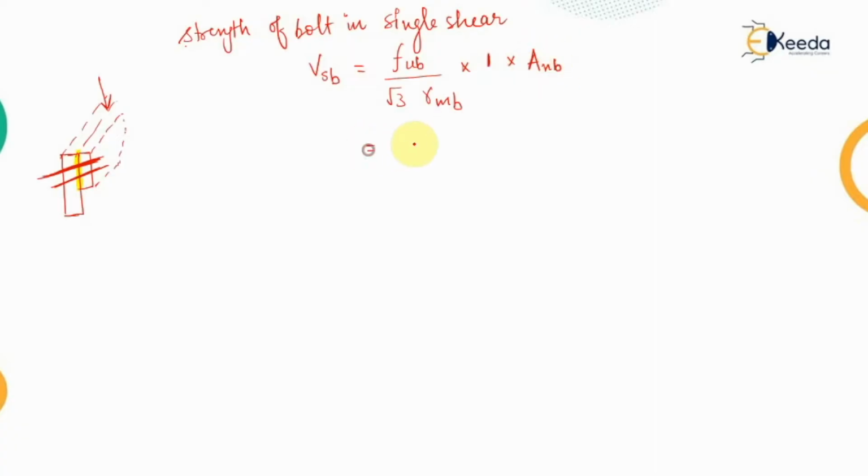Now if we place all the values, FUB is 400, root 3, over gamma MB, which is 1.25, into 1, into the ANB value, which was 245 millimeter square. If we divide this by 1000, we get the value in kilonewton, and that comes out to be 45.26 kilonewton. So that is the strength of the bolt in single shear.